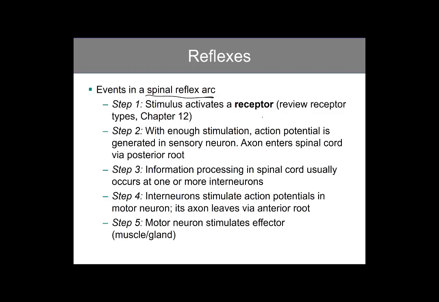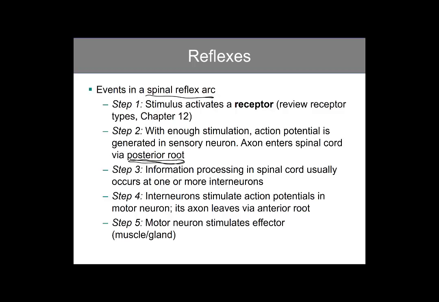And that receptor, with enough stimulation, is going to create an action potential that is then going to be carried by that sensory neuron to the spinal cord. It enters the spinal cord via the posterior root. Remember, the posterior root carries sensory information.